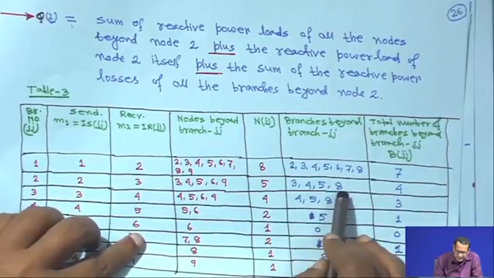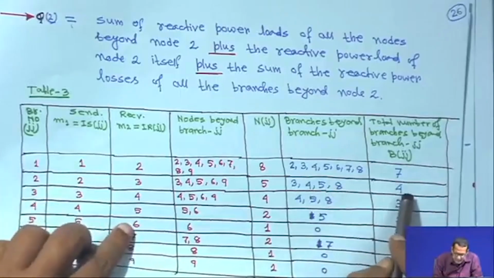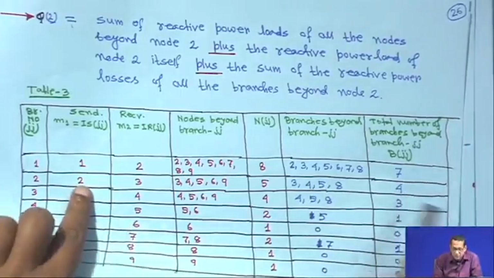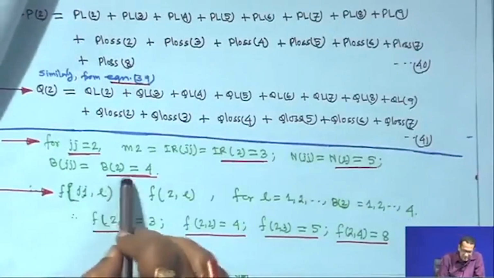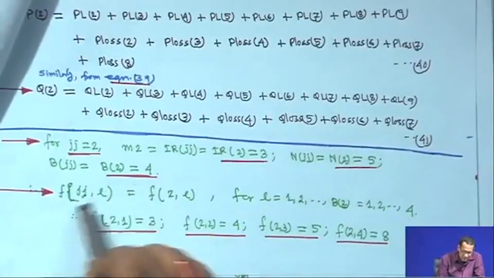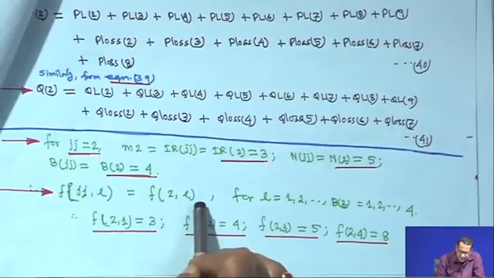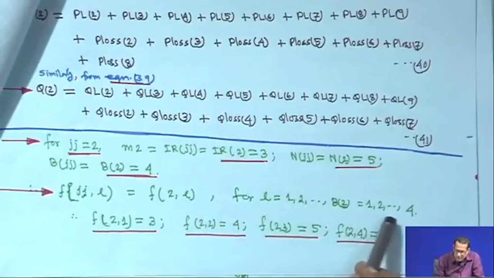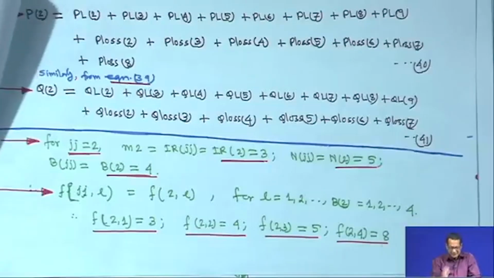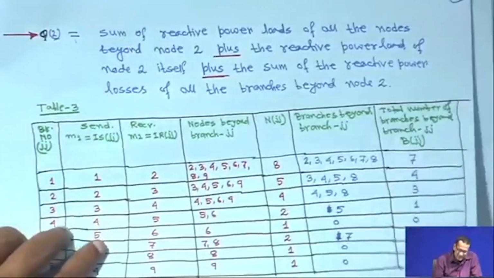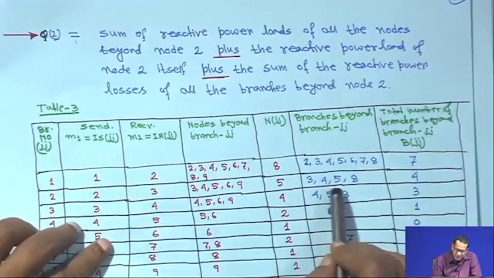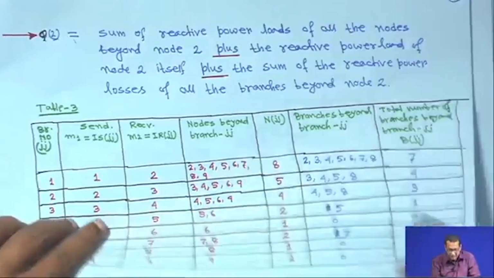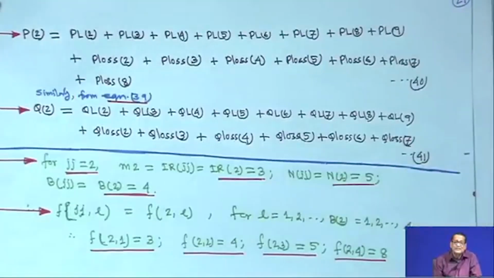There are 4 branches: 3, 4, 5, 8, and B_jj is equal to B2 is equal to 4. So, B_jj is equal to B2 is equal to 4. Now, F_jj matrix means F2L and L varying for L is equal to 1 to B2, that is 1, 2, 3, 4, there are 4 elements. So, F21 is 3, F22 is 4, F23 is 5 and F24 is 8, right. So, these are all 4 elements.